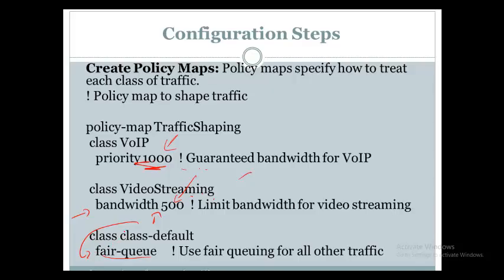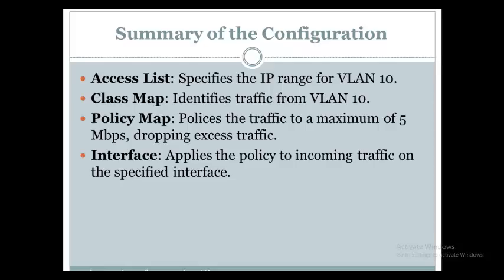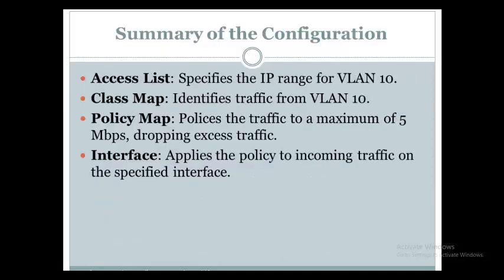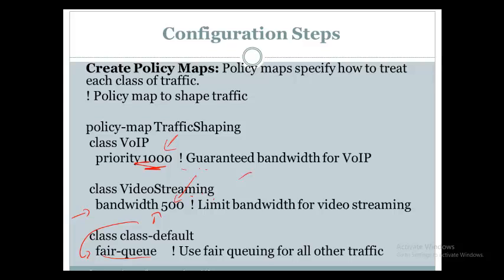As usual, you go to the interface and you call the policy map. Usually customers do shaping. That's why out, and this is connecting to the ISP. We control the traffic and send it out so that it won't get policed by the ISP.